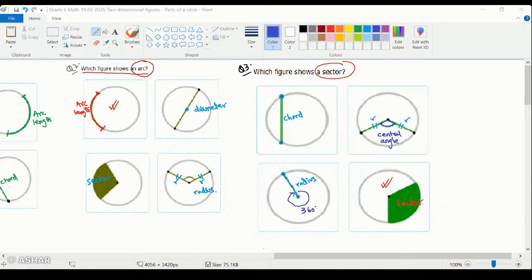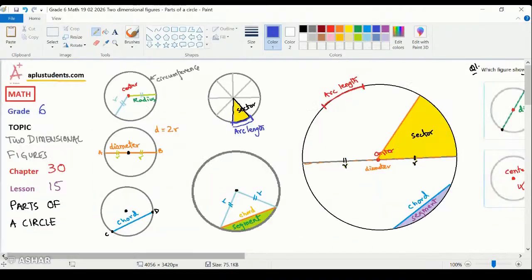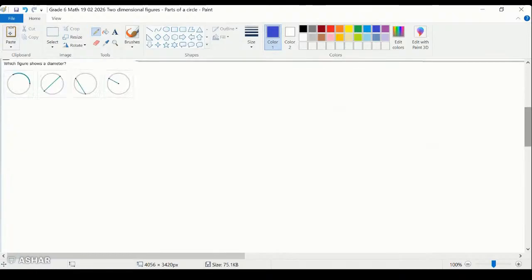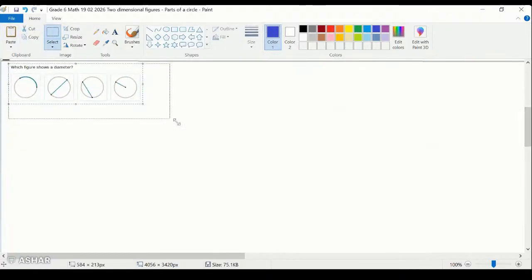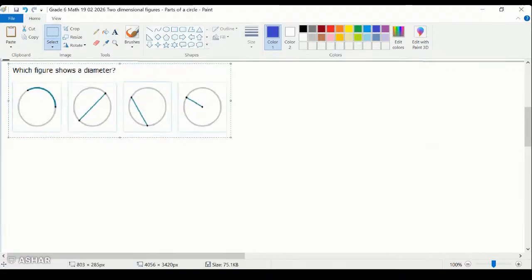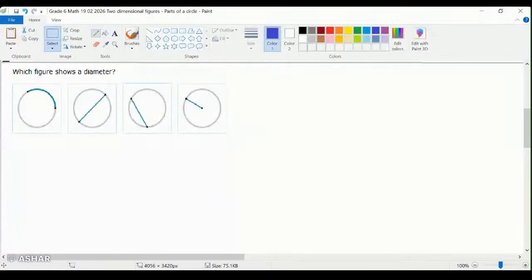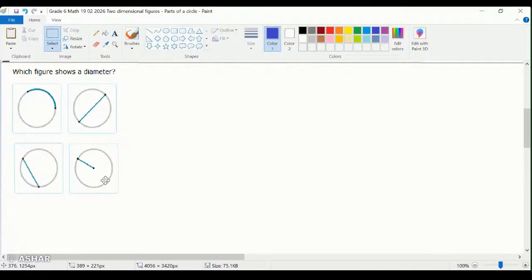Let's look at a different question. The next question says, which figure shows a diameter? Just a moment, please. Yes, perfect. Let's have a look at another example. Question number 4. For the next question it says, which of these shapes is a diameter?